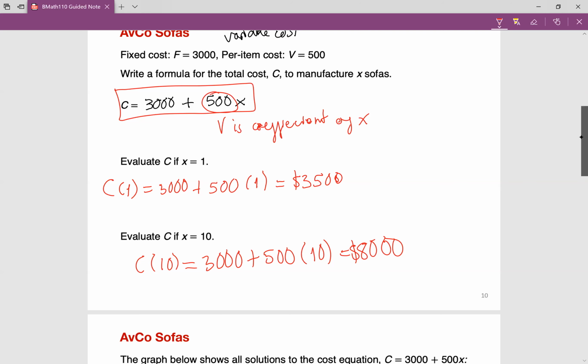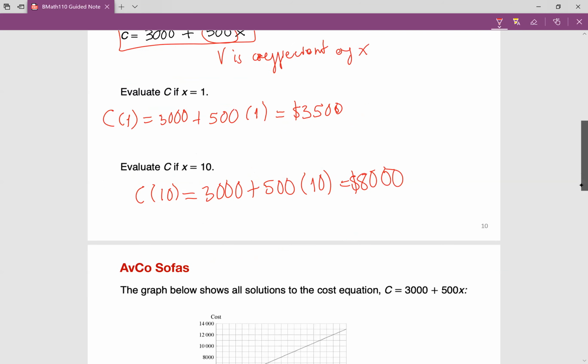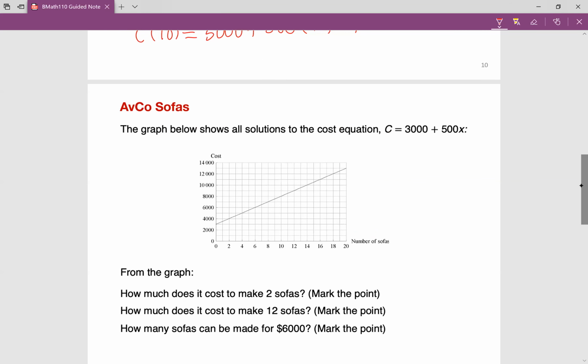Okay, so now I'm going to move down. In here, this is a graph of the cost equation, right? You see that the first point, or the starting point or initial point of the graph, is 3,000, which is the fixed cost.